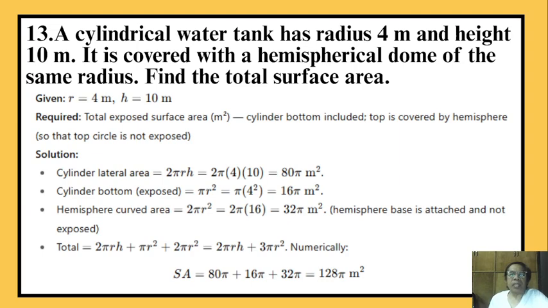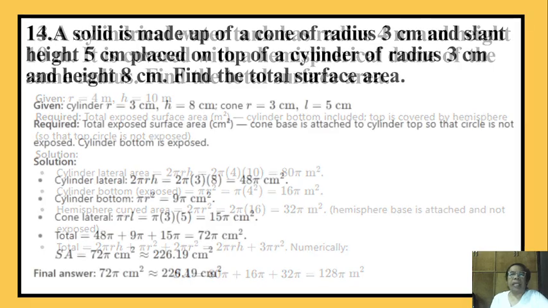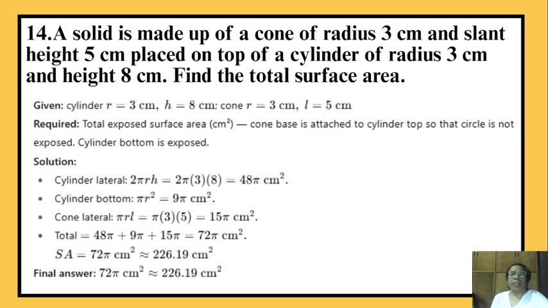So substitute now the given data, or just simply add the previously computed values. 80 pi plus 16 pi plus 32 pi. The final answer is 128 pi meters squared.